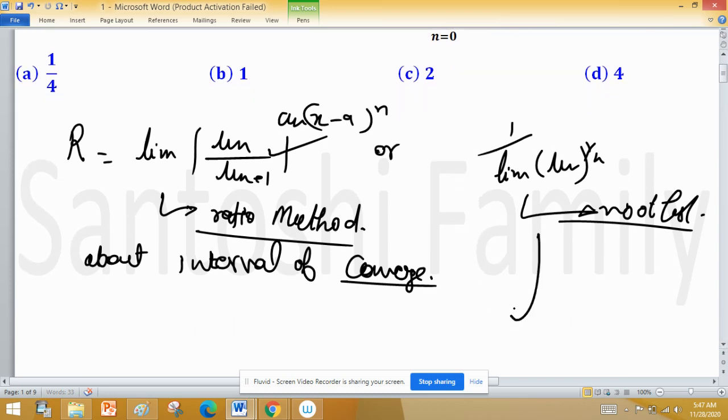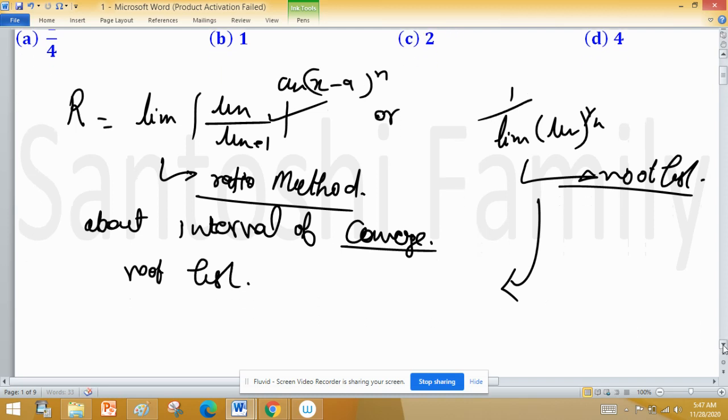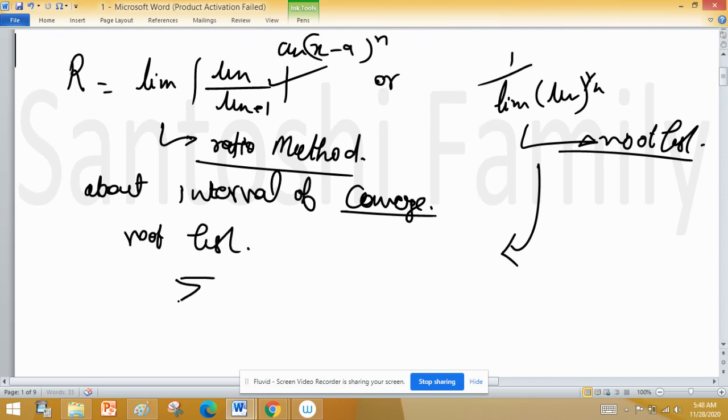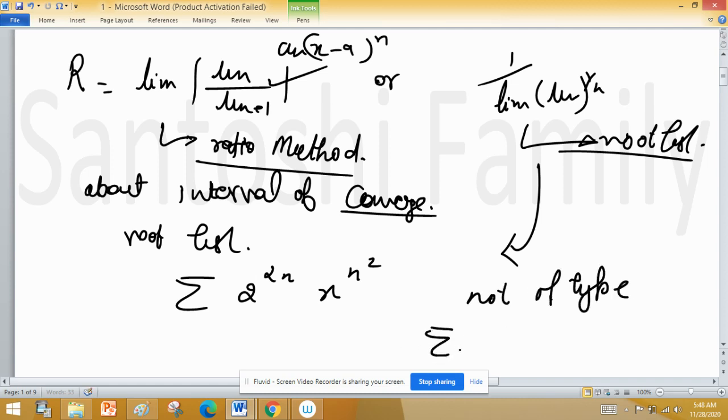So I'm going to use the root test here. As the series given to us is summation 2 raised to the power 2n x raised to the power n square, it is not of the type summation an x raised to the power n.